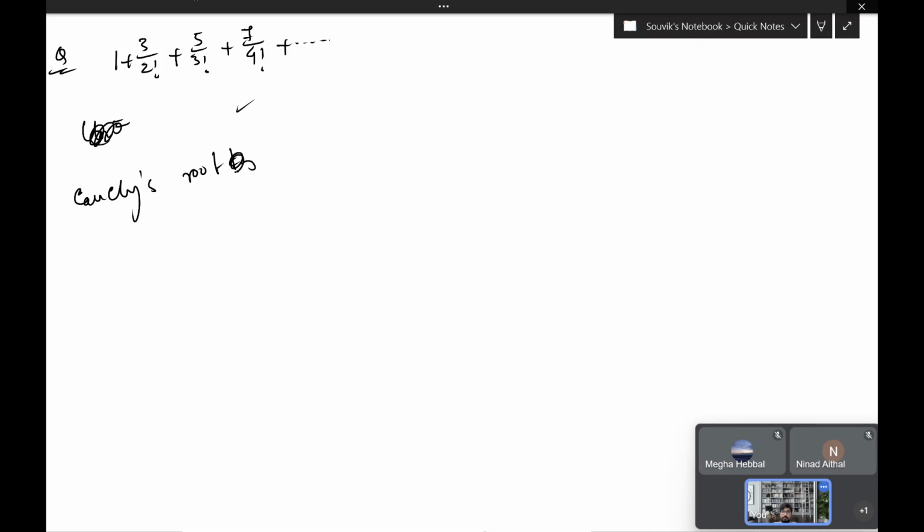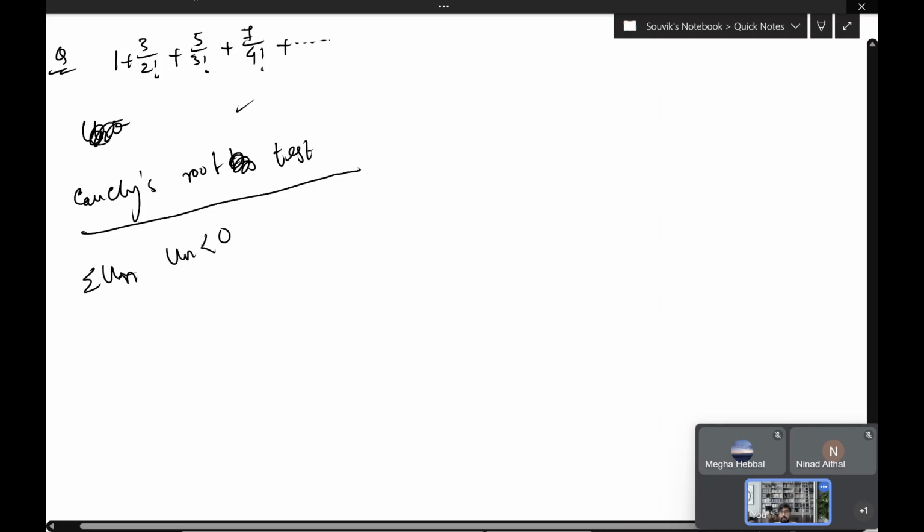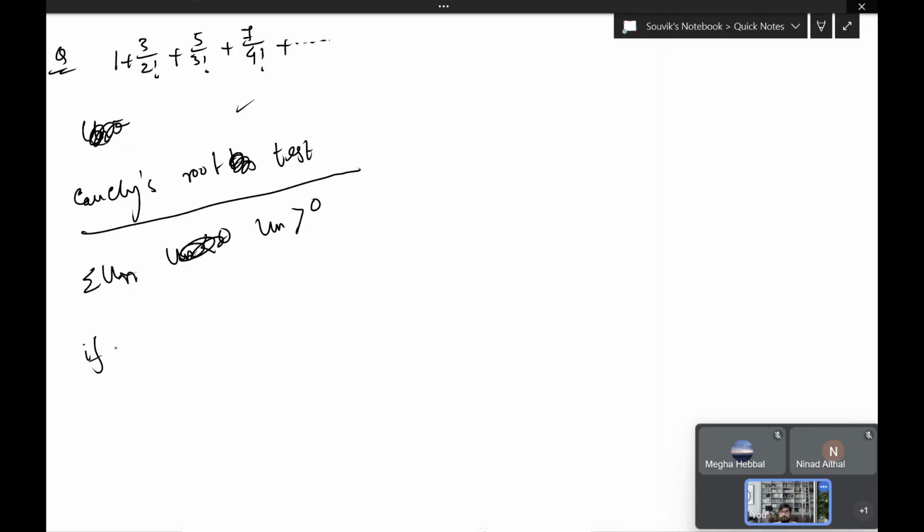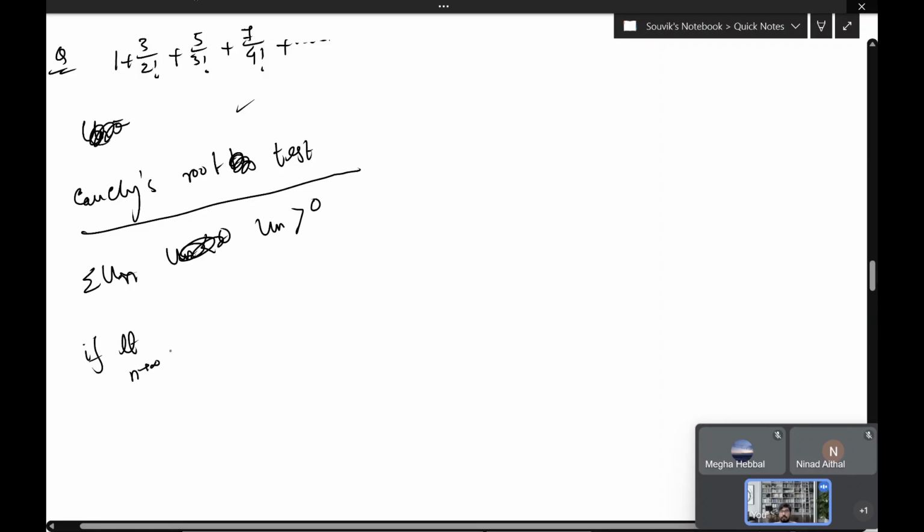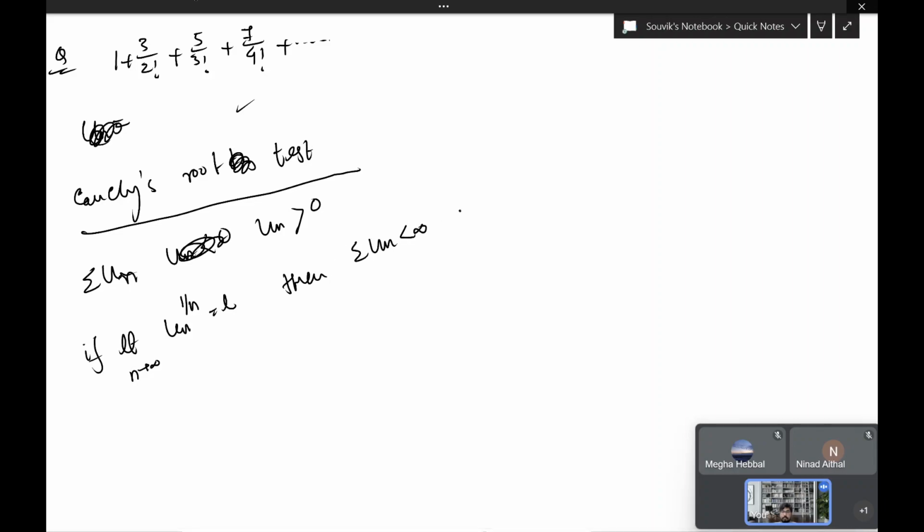This theorem states that consider the series summation Un where all are positive, Un is greater than 0, and if limit n tends to infinity, Un to the power 1 by n is equal to L, then summation Un is convergent if L is less than 1, and divergent if L is greater than 1. Okay. So this is the statement of Cauchy's root test.